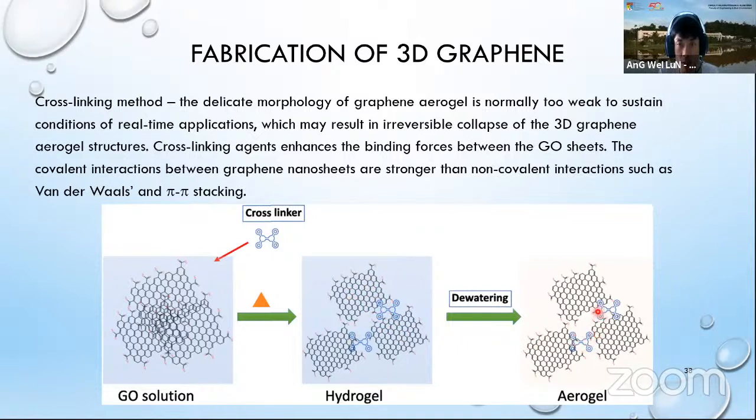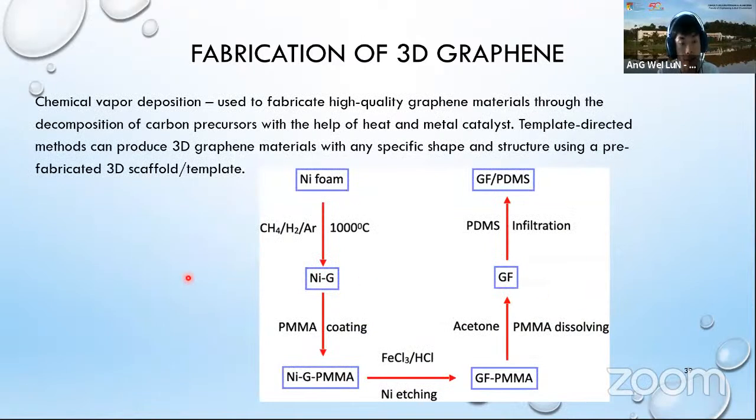When you bind them together, the interaction is stronger because these are covalent interactions between the graphene nanosheets, rather than the non-covalent ones between the graphene nanosheets themselves. That's why this cross-linking method is more popularly studied by many researchers, because it's easier for us to handle.